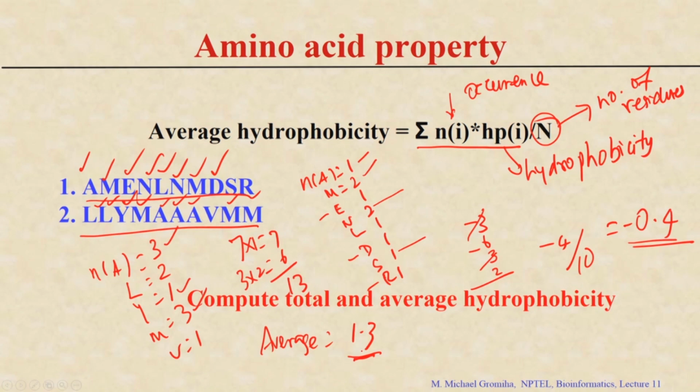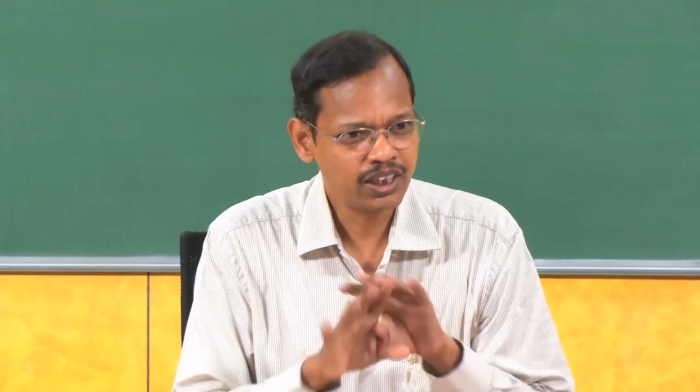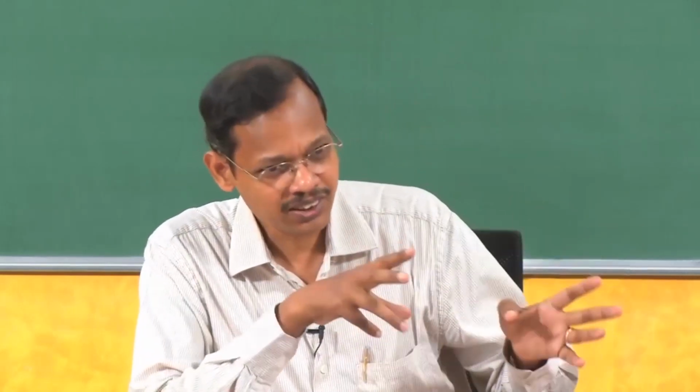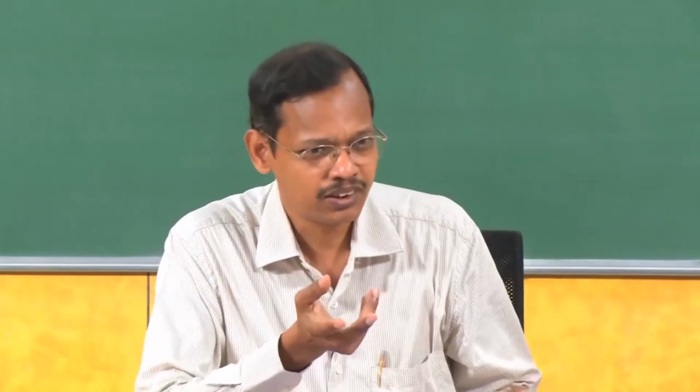So, what can we infer from these values? The second sequence is more hydrophobic than the first sequence. We have some proteins which prefer a highly hydrophobic environment, for example transmembrane helical proteins. So, if you have sequences which are predominantly hydrophobic, that protein could be a transmembrane protein.